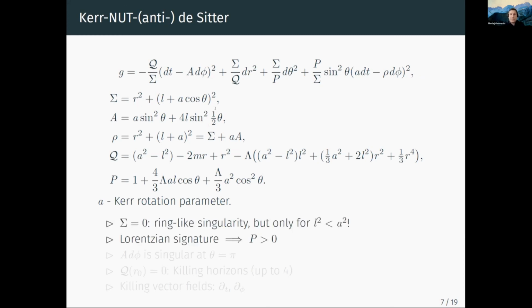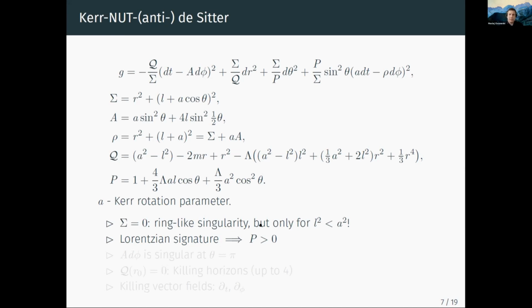But now we have this additional feature, which we also saw in the Taub-NUT case, that if we choose a sufficiently large NUT parameter, this ring-like singularity is completely non-existent. It's completely avoidable. So again, we have this behavior of regularizing some well-known black hole solution.